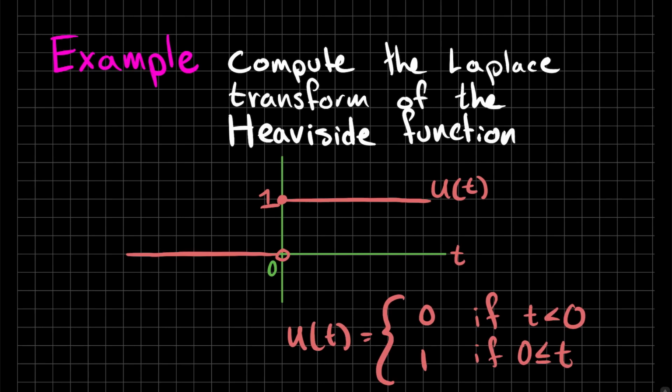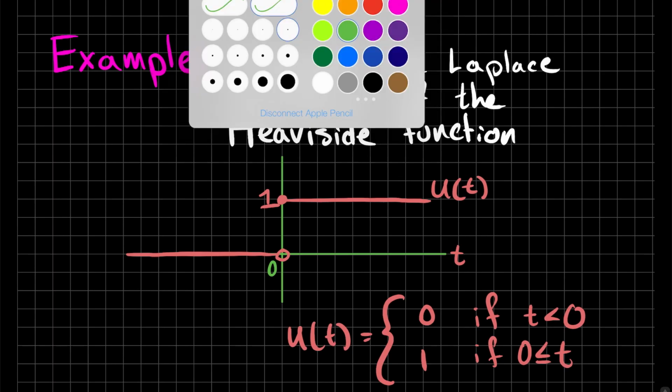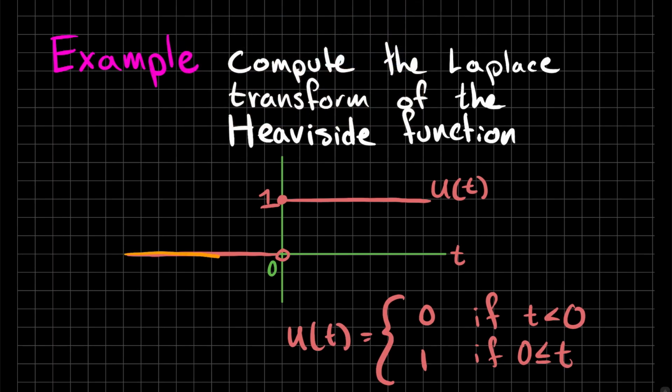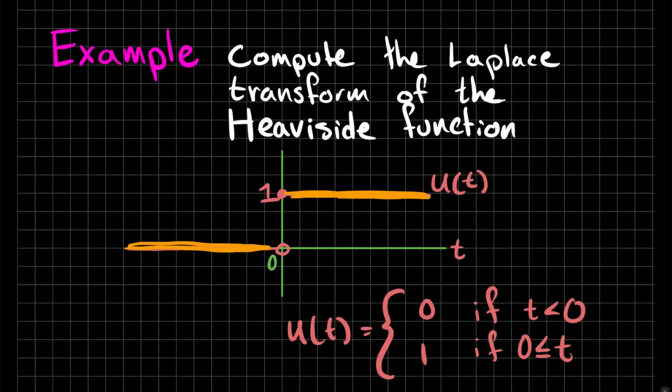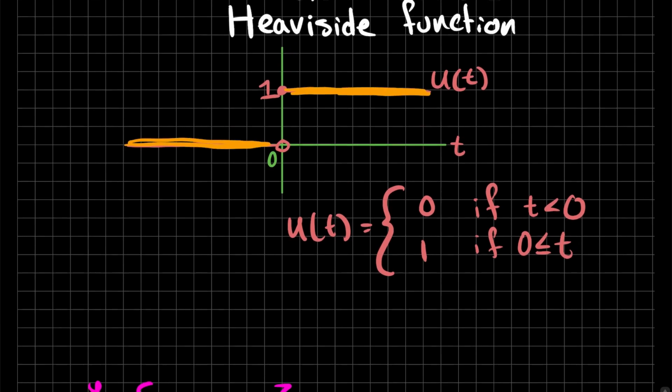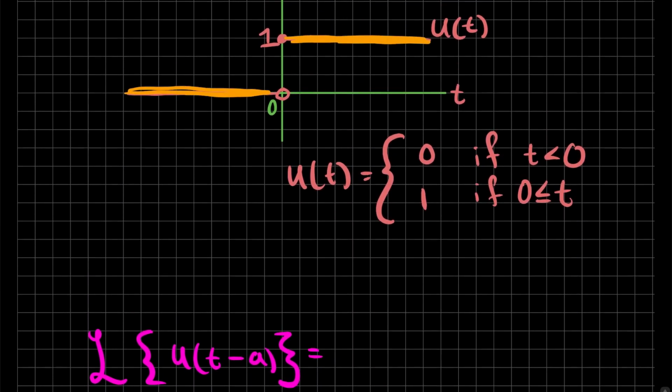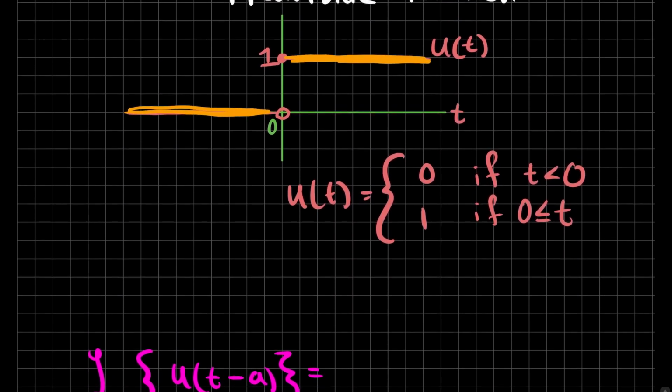This is the Heaviside function. The Heaviside function is 0 everywhere on the left of 0, and it jumps up to 1 after 0. So let's go ahead and calculate the Laplace transform of the Heaviside function with the shift t minus a.